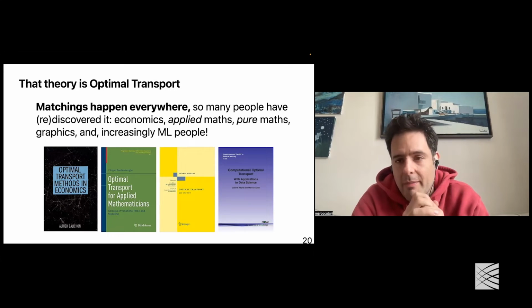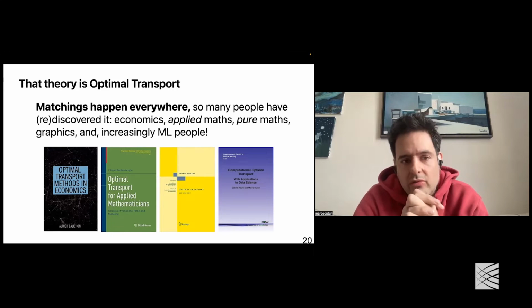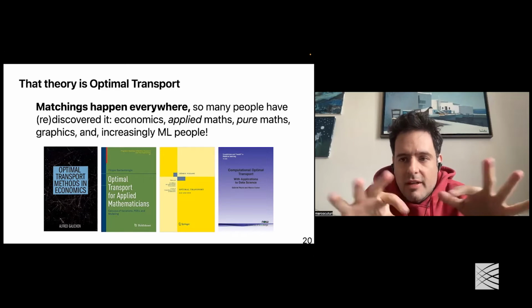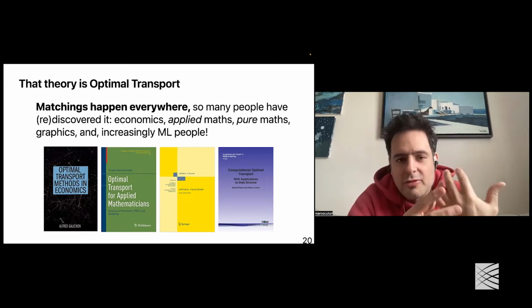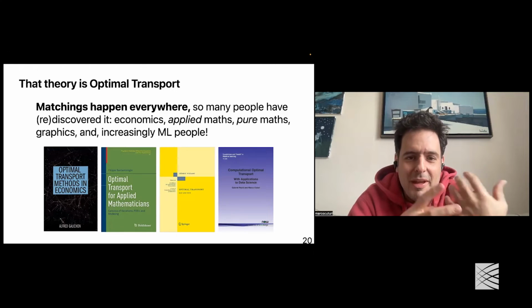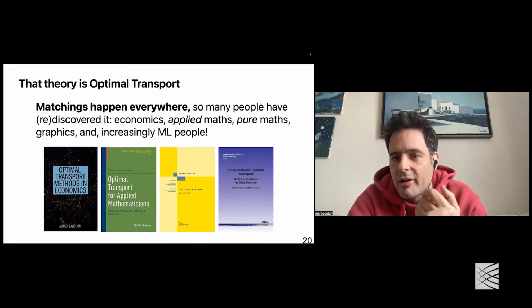And because matchings happen everywhere, you will see that this field is present in various forms in various communities. And if I need to give some credit to the main people that started this, it is clearly from economics.